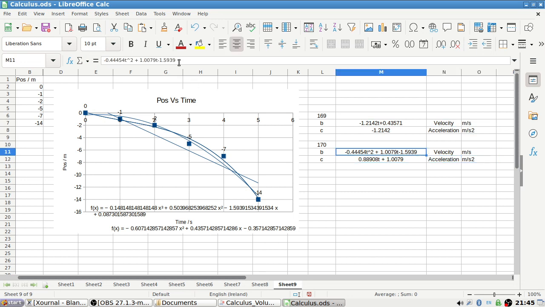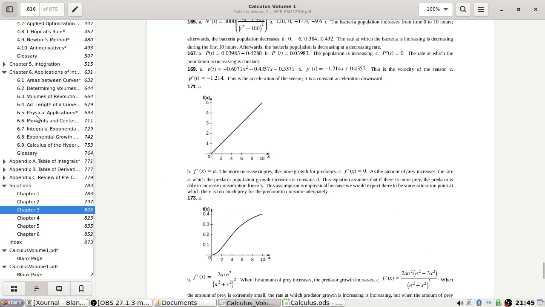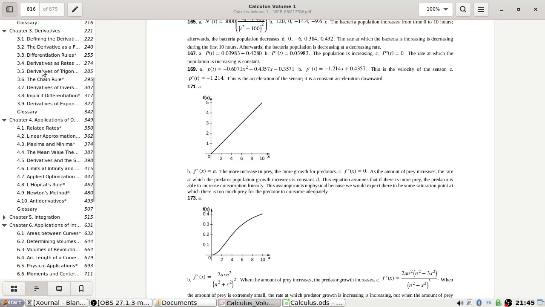Okay, and just make sure I got the cubic one right. So the derivative here of the cubic one, yeah, that looks right. Okay, I think I'm okay. All right, good. Happy enough.